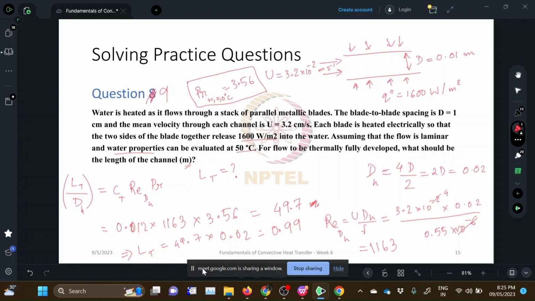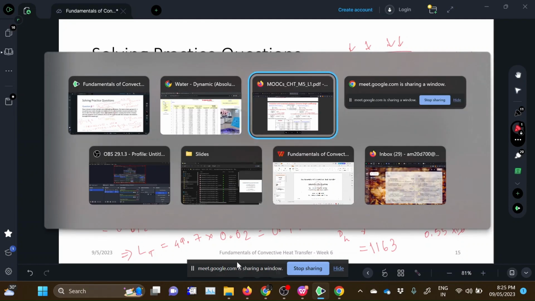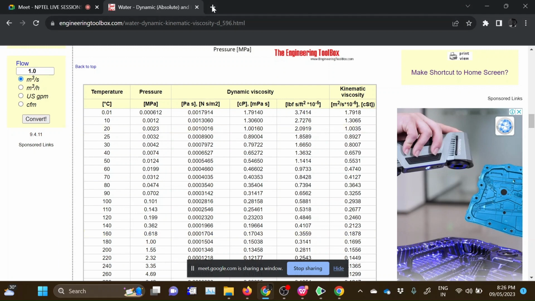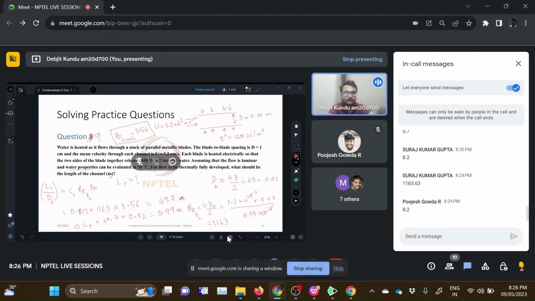Yeah, so this is what I got. This is close to 1 meter. Anyway, the numbers don't matter, it's the process which is more important.